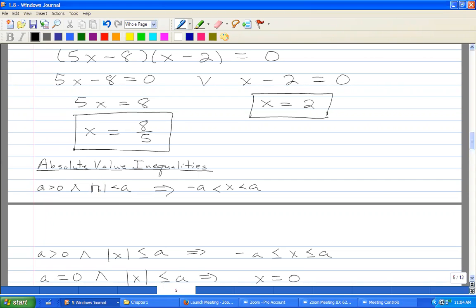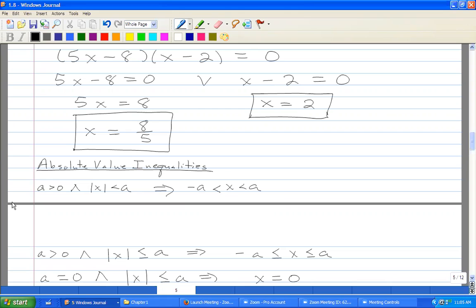Since the absolute value is equal to plus or minus x, we have that x is less than a, and negative x is less than a. Multiplying by -1, I have x is greater than negative a. So it says that negative a is less than x, and x is less than a. We'll write it in this 3-part inequality.